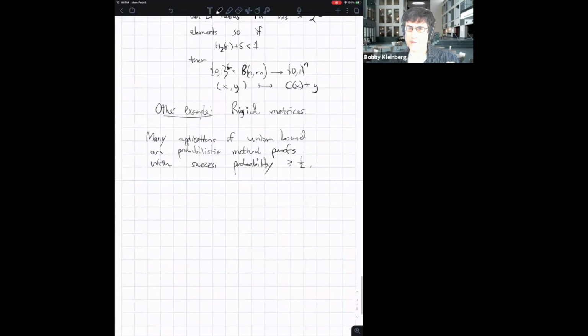Okay, and so to encode the complexity of these kind of generous union bound proofs, we also have a subclass APEPP where the function, instead of mapping n to n plus 1, maps n to 2n.